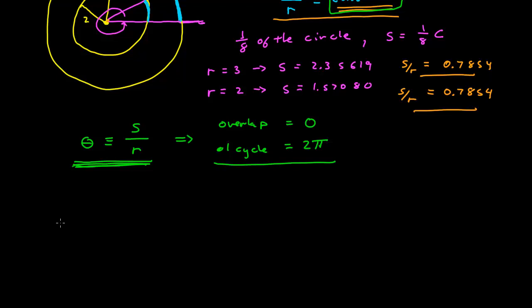In some cases, you're looking for what the arc length is for a particular angle, and you can find that by using this relationship, only in radians.